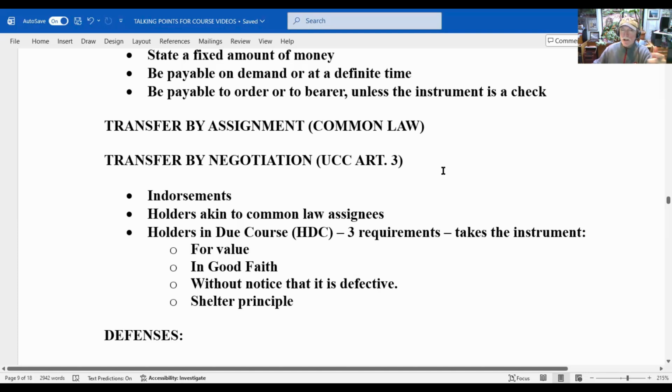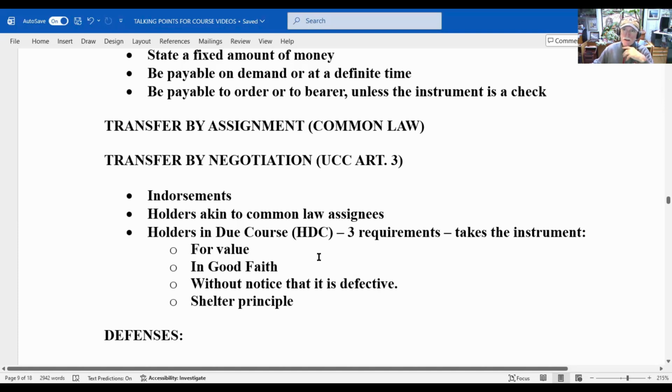You have then transfer by negotiation. I mentioned this. Endorsements can be to a particular person or in blank, which makes it a bearer instrument. Again, a holder is akin to common law assignees, but you have this unusual situation where a holder can become what's called a holder in due course if they meet 3 requirements.